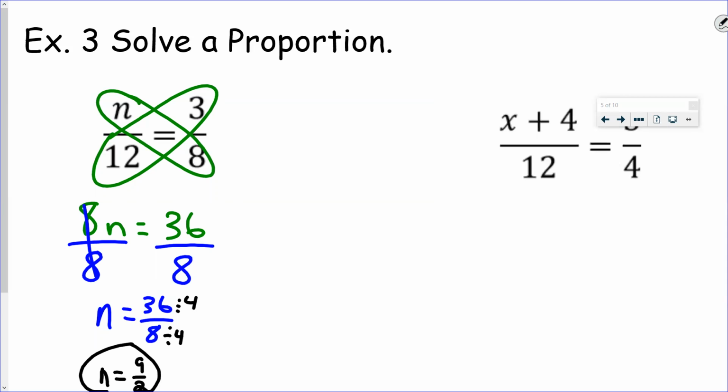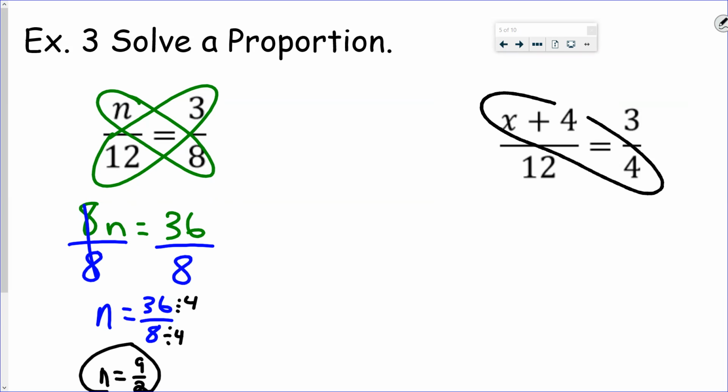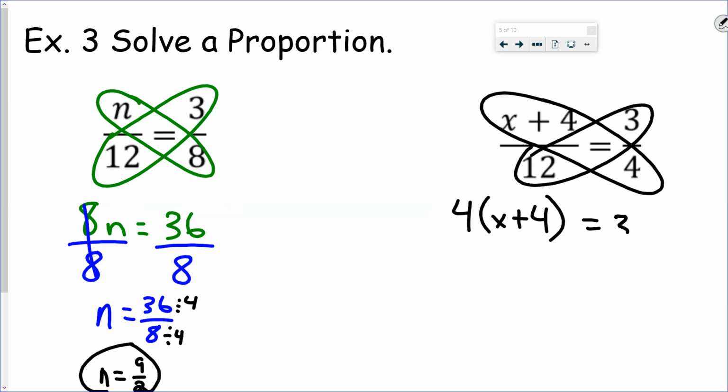So let's look at another one. x plus 4 over 12 equals 3 over 4. Well, I can go, hey, 4 times 3 is 12, 3 times 3 is 9, but wait. So we can use our cross product here. 4 times x plus 4. That whole thing needs to be multiplied by 4. Look at, we have distribution. It's supposed to equal 12 times 3, which is 36.